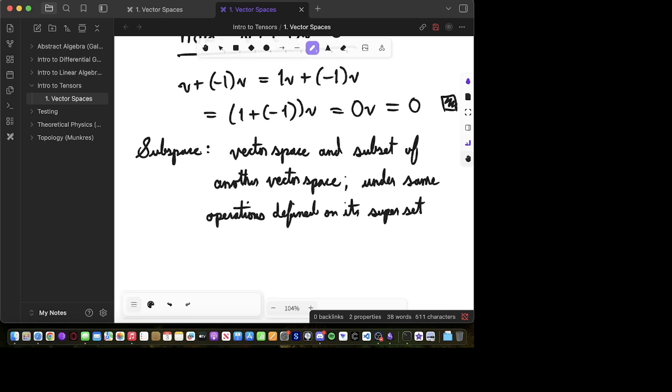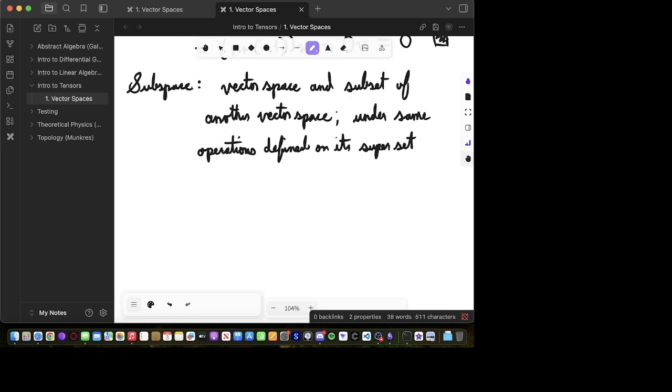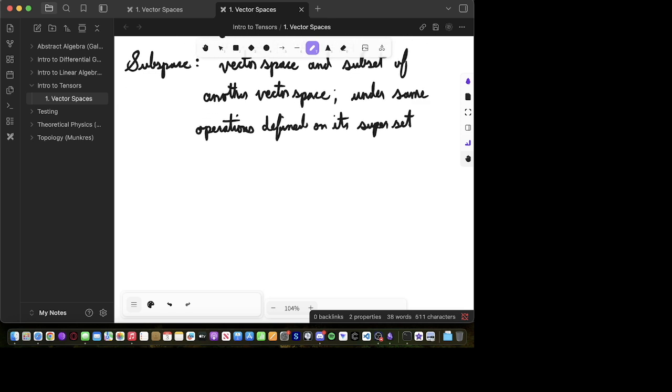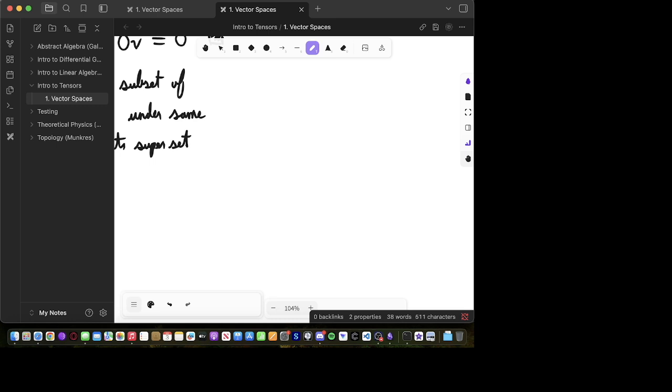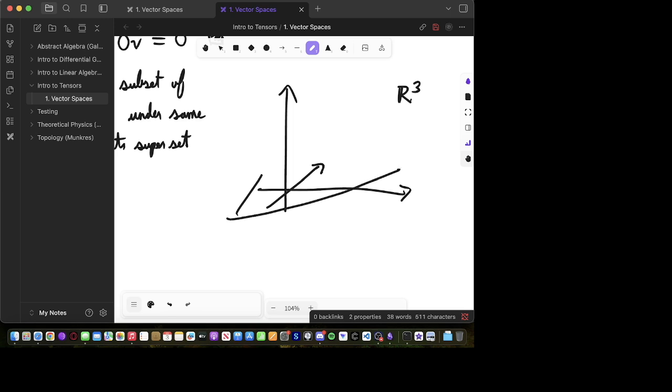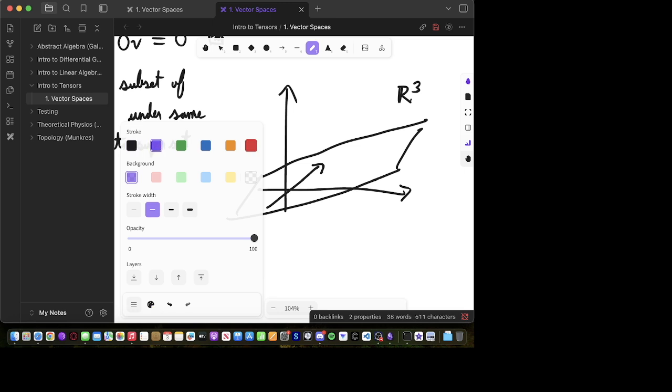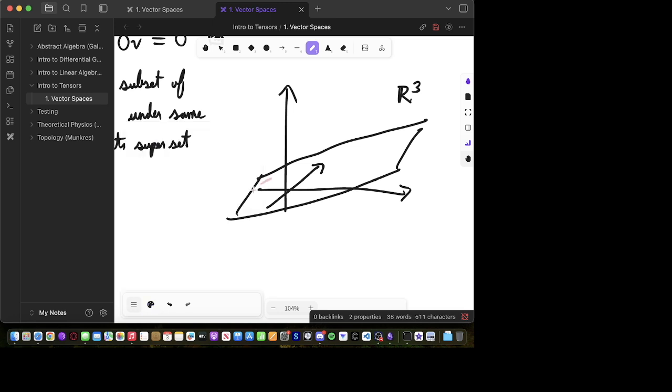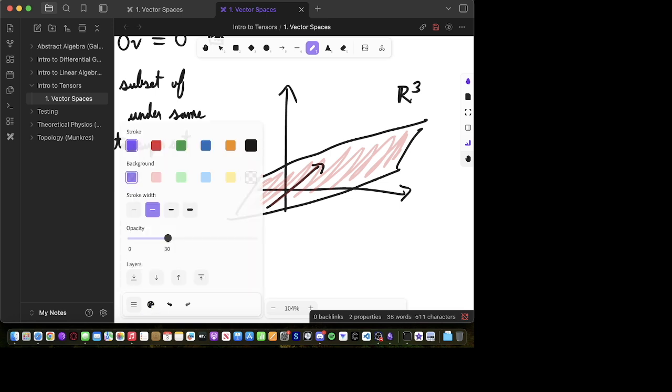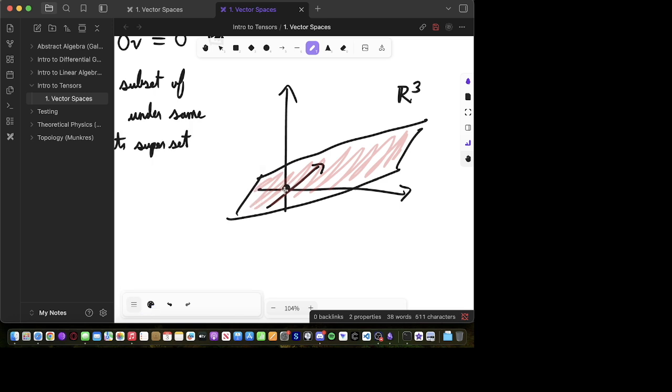So basically, let's draw this. Let's say R3 is our vector space. An example of a subspace could be a plane passing through the origin.